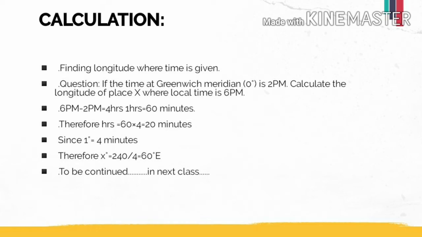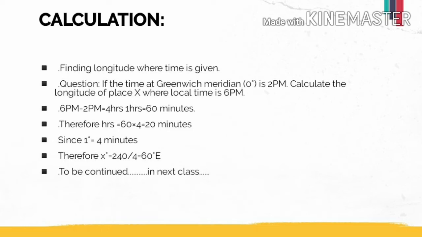To find the difference in time, from 6 p.m. you subtract 2 p.m. So the answer will be 4 hours. That is the difference in time.